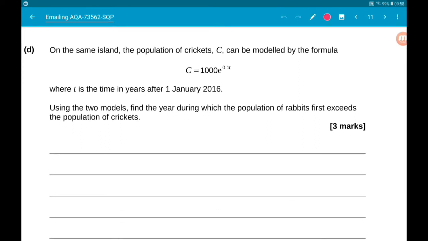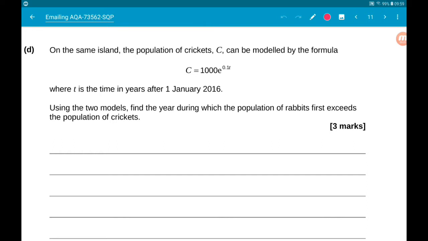Okay, then for part D, on the same island, the population of crickets, C, can be modelled by the formula C is 1000 e to the 0.1 t, where again t is the time in years after the 1st of January 2016. Using both models, we want to find the year in which the population of rabbits first exceeds the population of crickets.